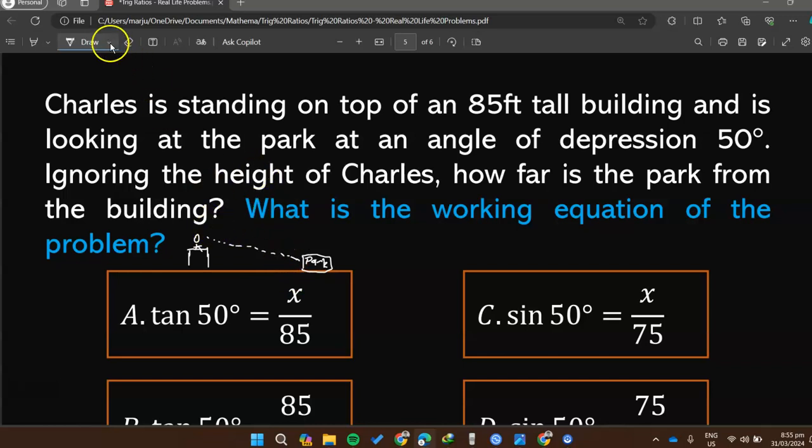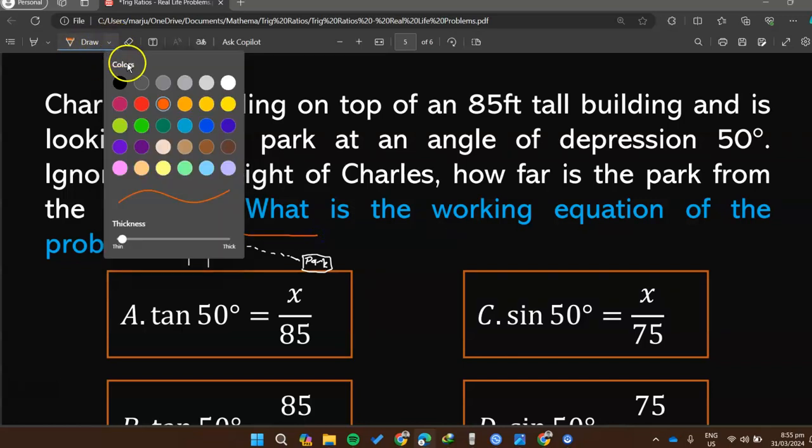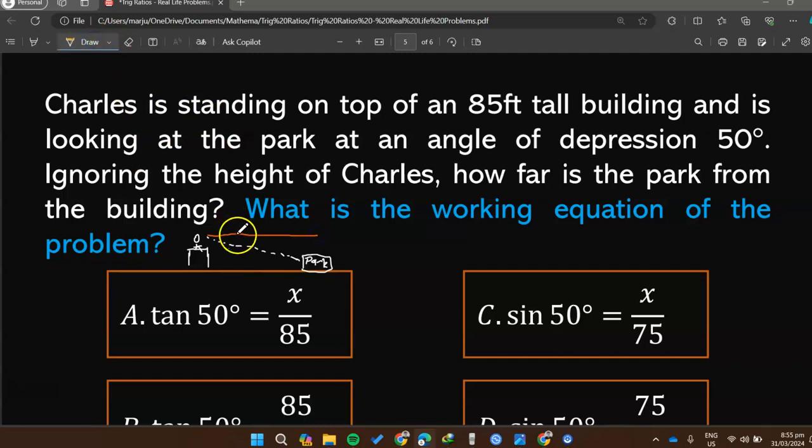We also have the horizontal line of sight. The angle in between is our angle of depression, and this measures 50 degrees. The building is 85 feet. And we are asked to find this one, so this will be our x.